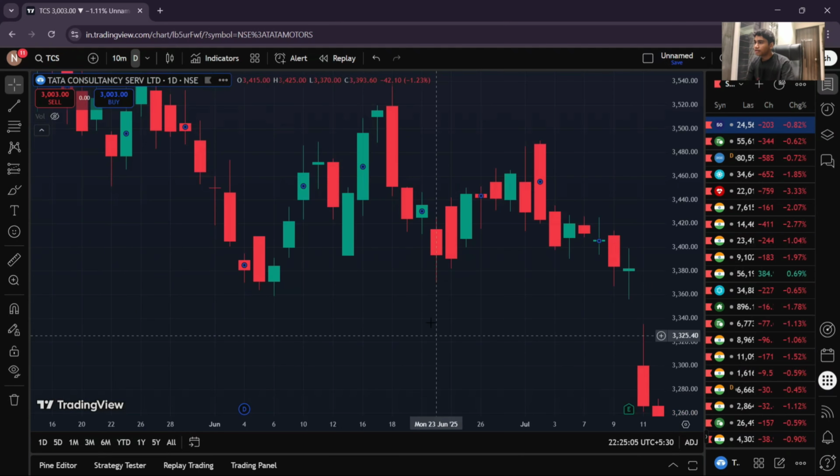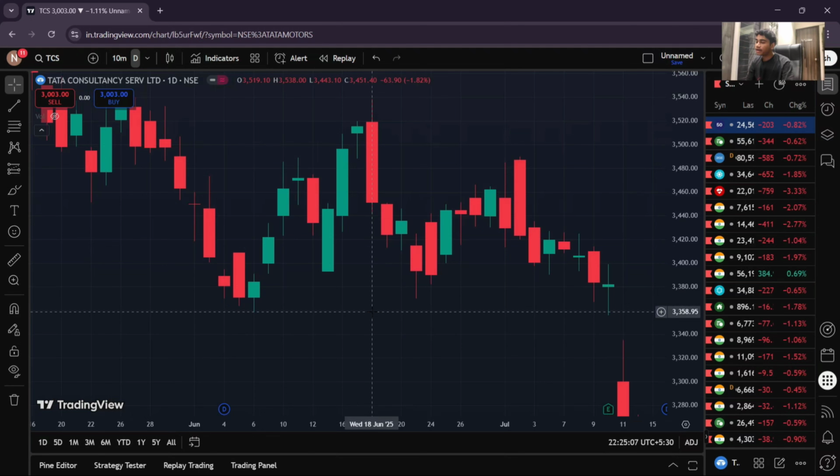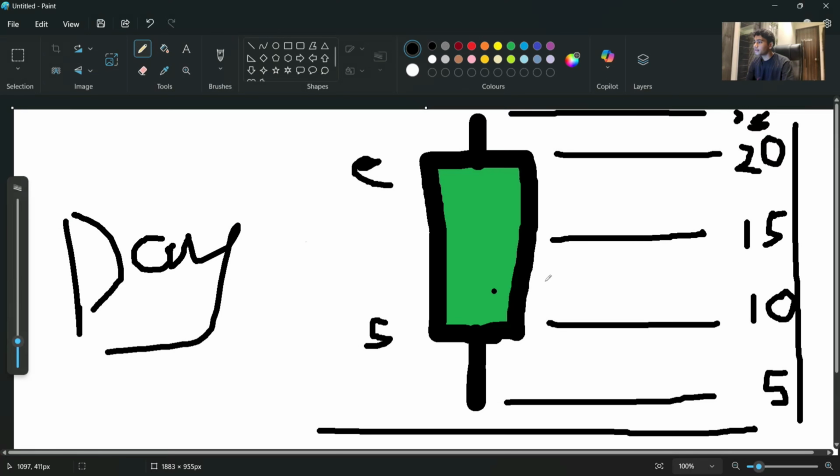Now I will explain a red candle. Red and green candles mean the same, just in the opposite direction. In a red candle, this will be the start point and this will be the end point. I'll paint this red.